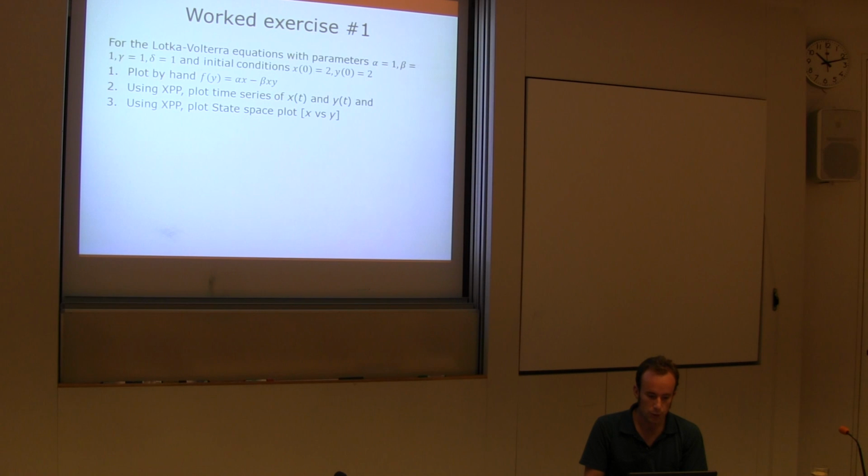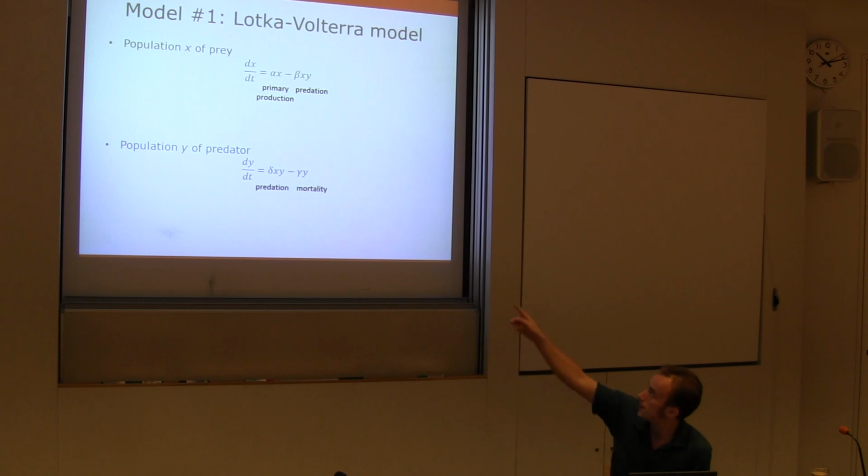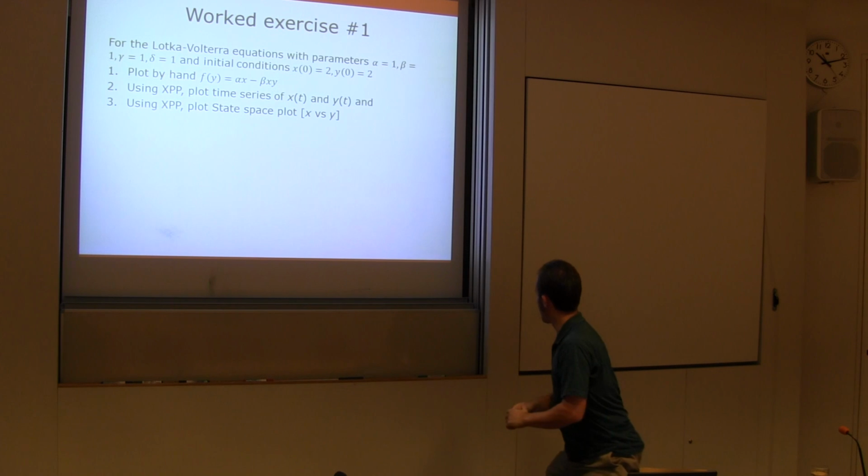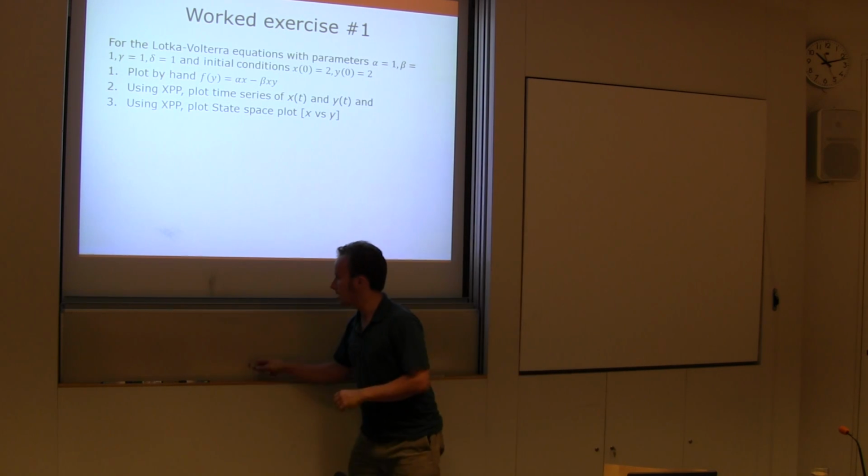First thing I want to do to explore these different graphical representations is first of all plot by hand the right-hand side of this function at the top. And then we're going to use XPP to plot some time series of X and Y, and then also plot the state space. So this is just to get you familiar with some different ways of representing what's going on here.